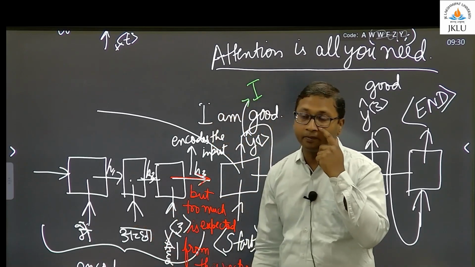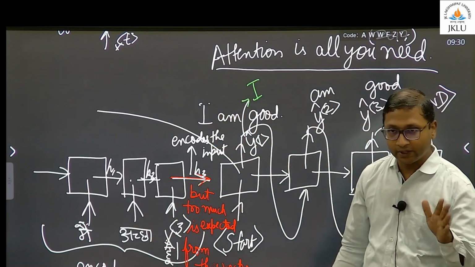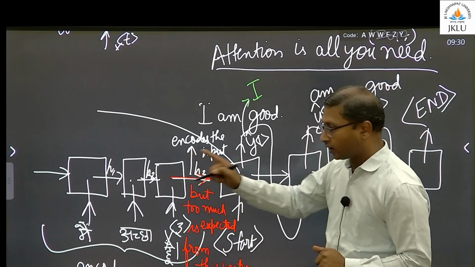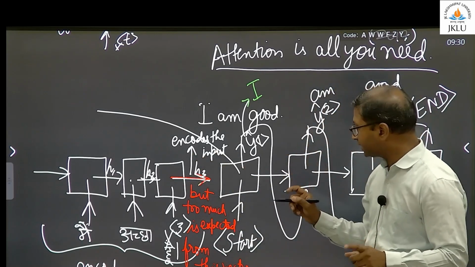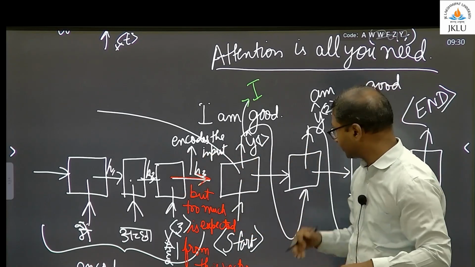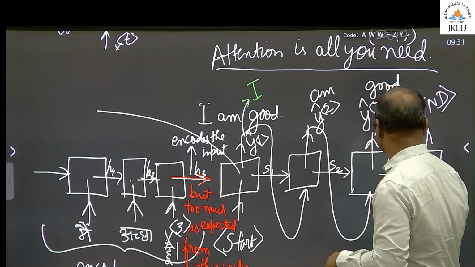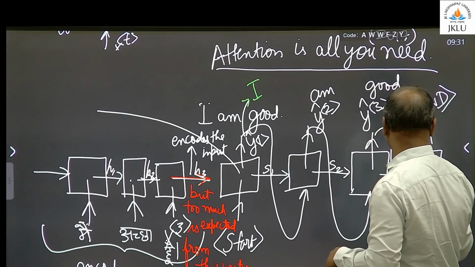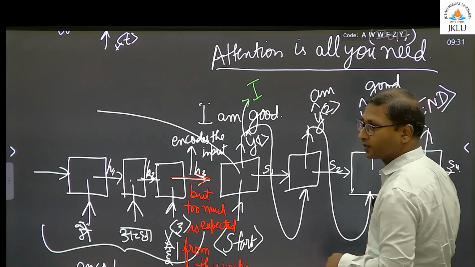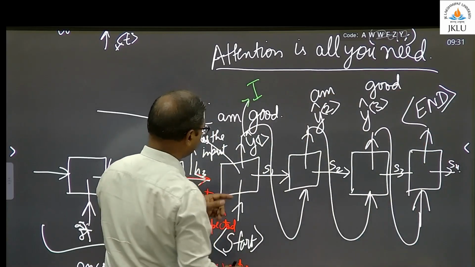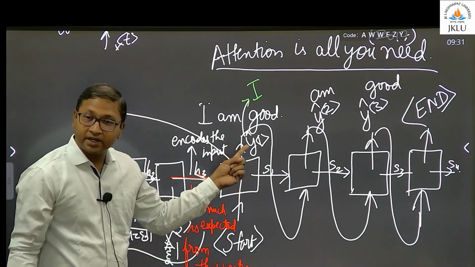We were calling them until now A1, A2, A3. Now for the decoder network, because these two are different networks, let us say this is S1, S2, S3 and S4. Now, how do I generate y1 hat?